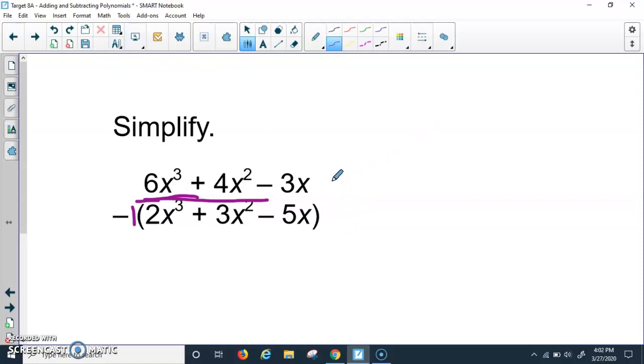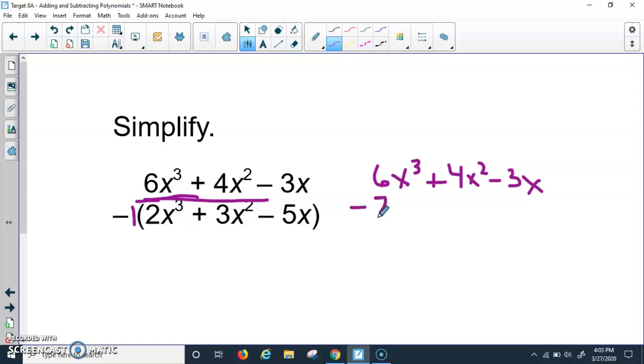So if we do that, just look at the top. The first polynomial doesn't change. It just stays the same old polynomial it ever has been. So 6x cubed plus 4x squared minus 3x. Now this one does change. Each one of these terms will change sign because you're multiplying by a negative 1.